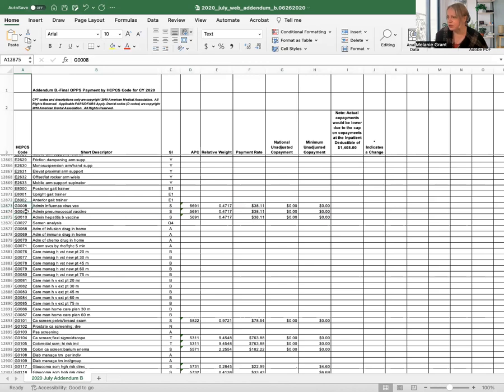When we pull these 2 up, the status indicator of S is listed for SI, and our APC value is given for these codes. We're also given a relative weight and a payment value, as well as any information such as the national unadjusted copayments or minimum unadjusted. So this is where we would find that information.